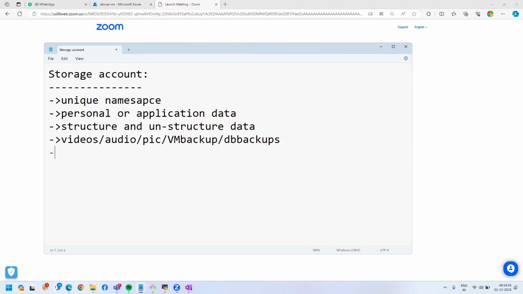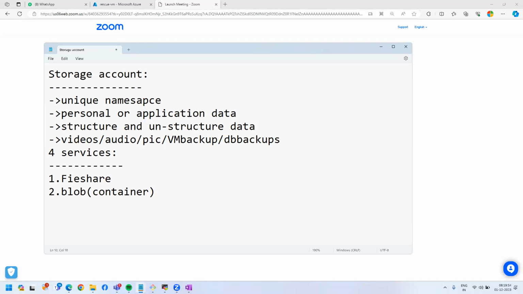Another important thing is storage account provides four types of services. One is file share. Second one, blob. Now we used to call it containers. Earlier we used to call it blob.